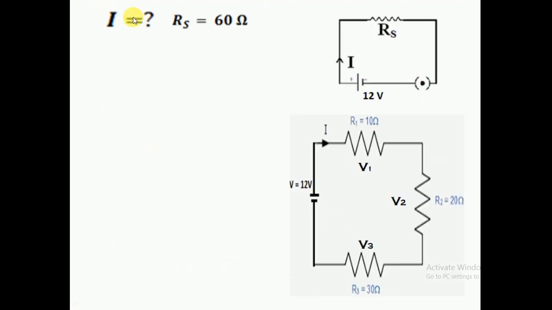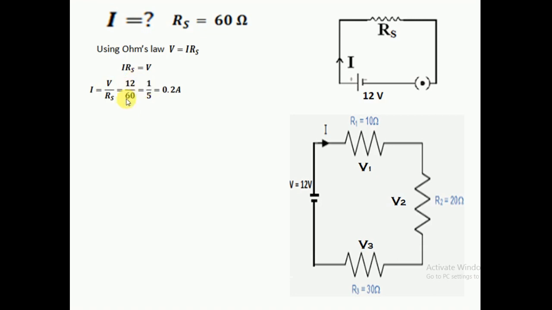Now I we don't know, so we'll use Ohm's law: V is equal to I RS in the equivalent circuit. Now I have V, that is 12, and I have RS that we found before, that is 60. So I is equal to V by RS, that is 12 by 60.